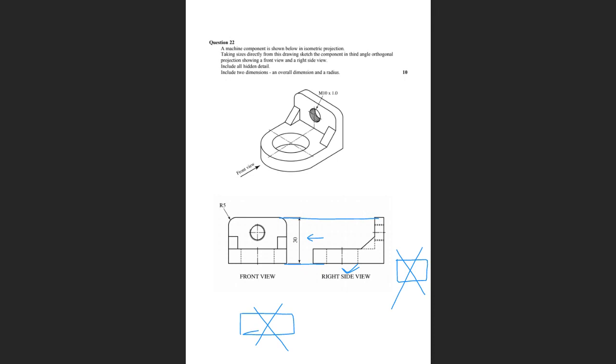And now the other thing was this here, showing the thread. Look, when you show an internal thread, you make sure you put your center lines in, then make sure you put your hole in.